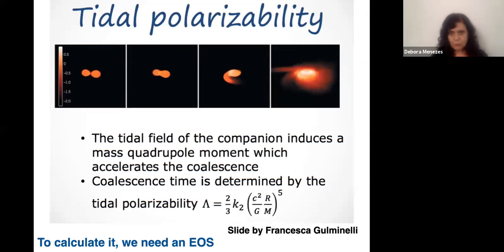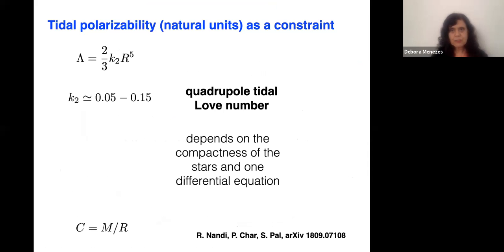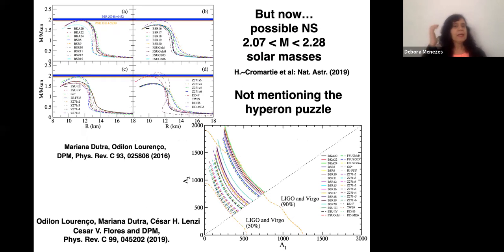I'll just skip this for a second and come back to it, and I'm just going to show you this graph here. The graphs on the left give you the mass in terms of the radius. This is what comes out from the TOV equations. I had shown a sketch before for a free Fermi gas, and those are more realistic results that come from equations of state that really describe nuclear physics with nuclear interaction.